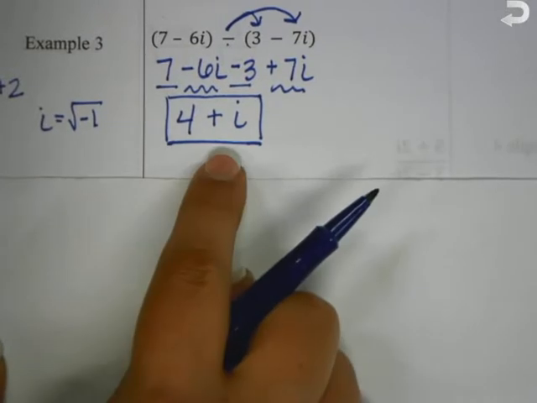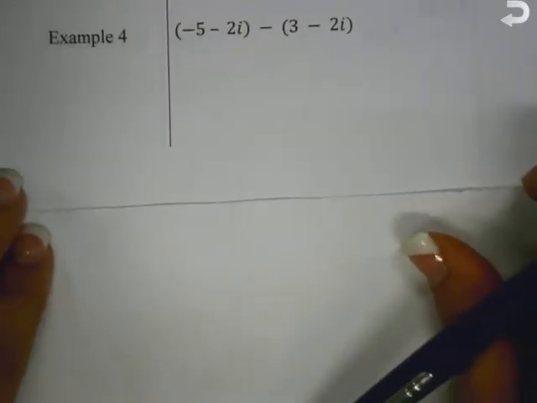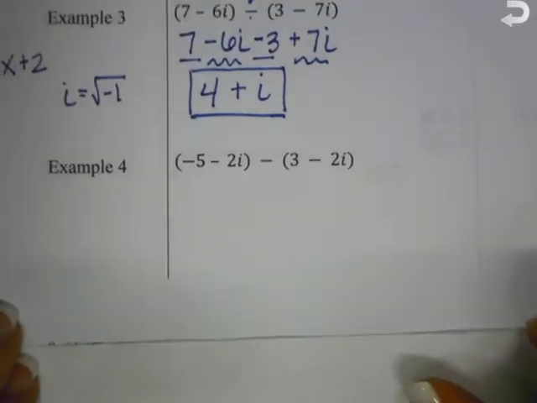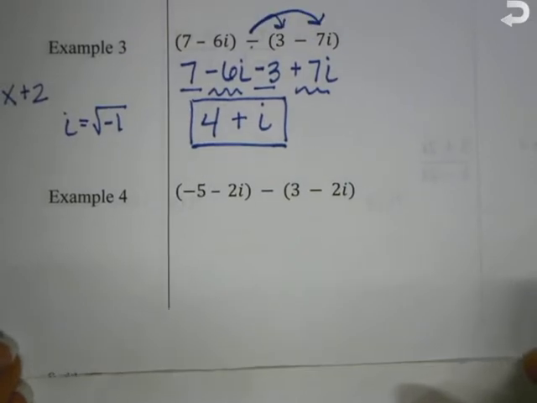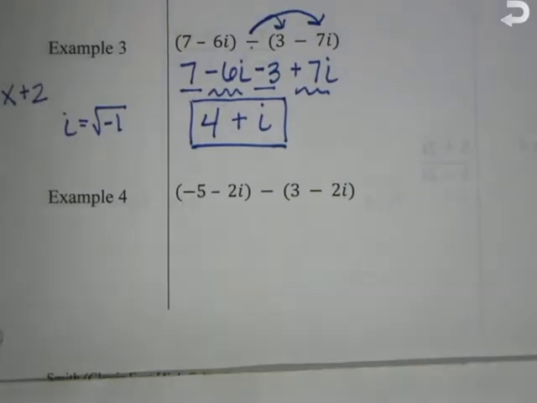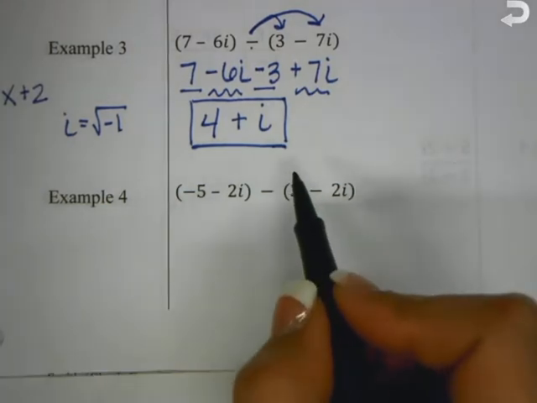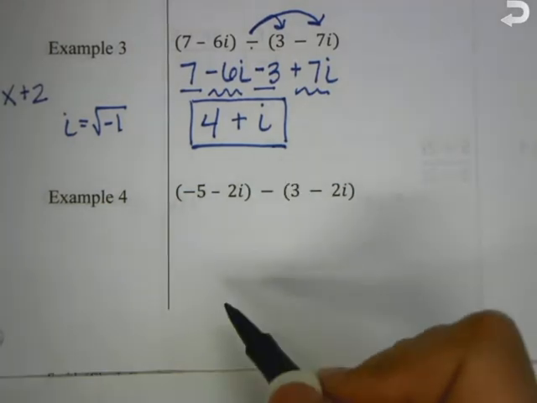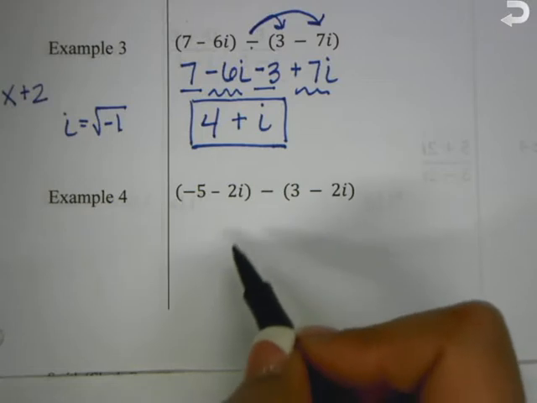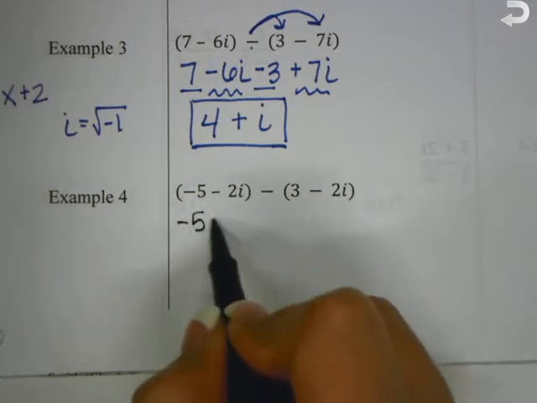Okay, so try example 4. Oh, here, I'll leave 3 up for you. Cyrus, what do I do first? Just take them down? I have a minus here, though, so what do I have to do? So what I would get is this. Yes?